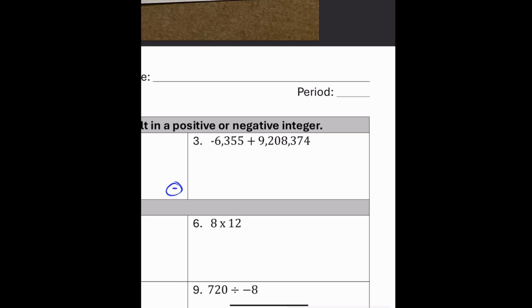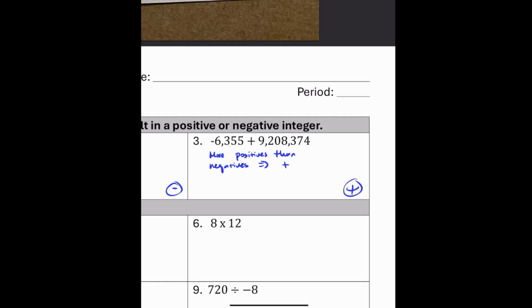Number three, we have negative 6,355 plus this huge positive number, right? So we can see that there are more positives than negatives. So more positives than negatives, we're going to have a positive answer.